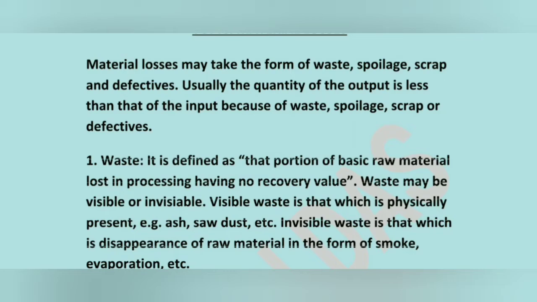While a few other pages may come out blank. So these are the examples of material loss. So here it becomes extremely important to distinguish between cases of waste, spoilage, scrap and defective from the cost accounting point of view. Okay, so let's start one by one.